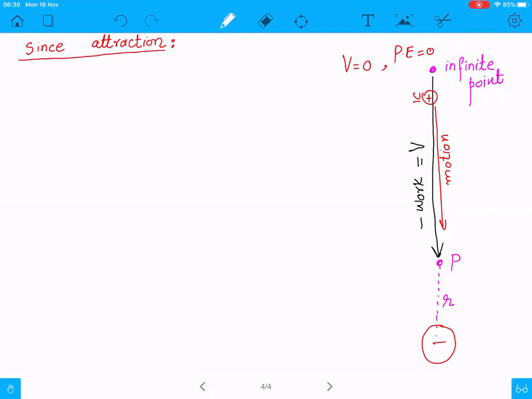so the formula would be work is equal to 1 over 4 pi epsilon naught smaller q capital Q into 1 over R2 minus 1 over R1.